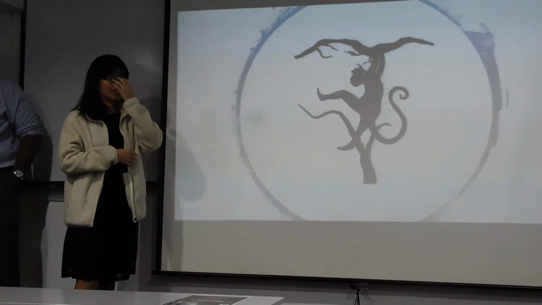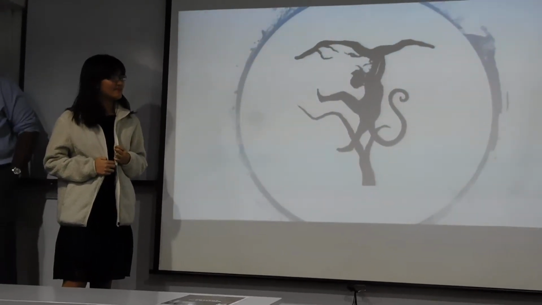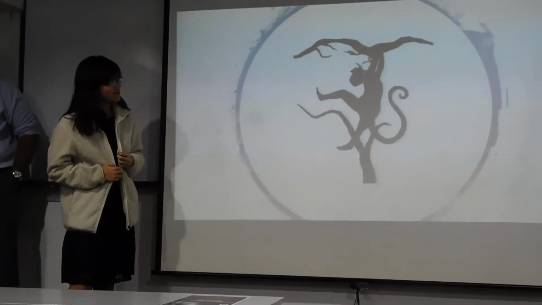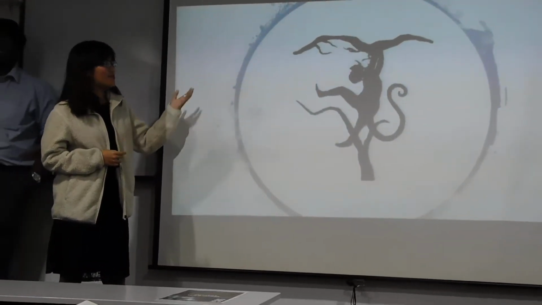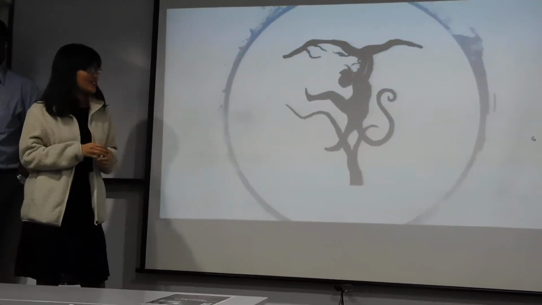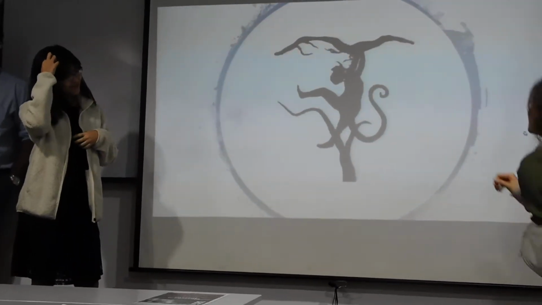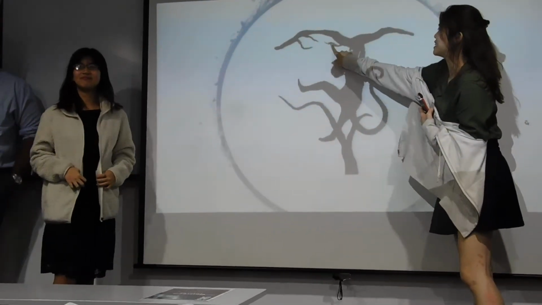What do you see in this picture? Monkey. Lion. Hands. Tiger, chimpanzee. Wow. Triangle. Yeah. Here, it's a nose and the eyes.